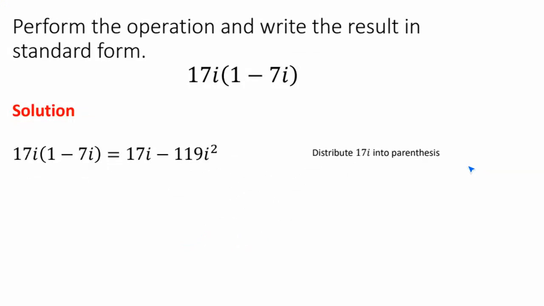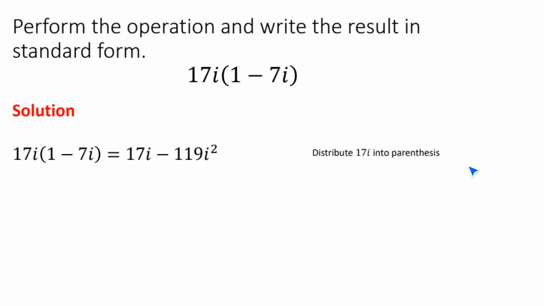Okay, all right, let's go ahead and do one where we're doing multiplication, but it's basically just distributing the 17i to this complex number, 1 minus 7i. So let's go ahead and do this. We're going to distribute the 17i. So 17i times 1 is just 17i.